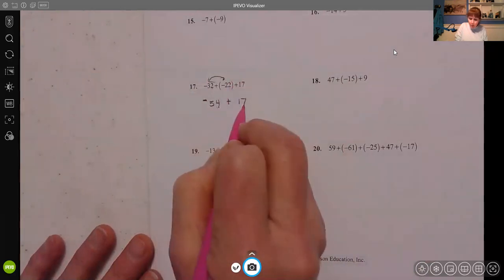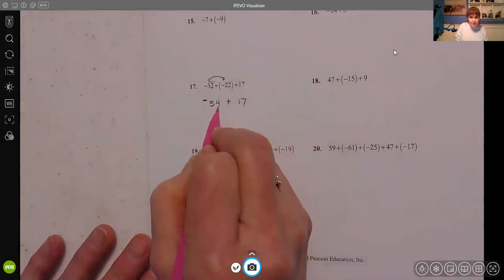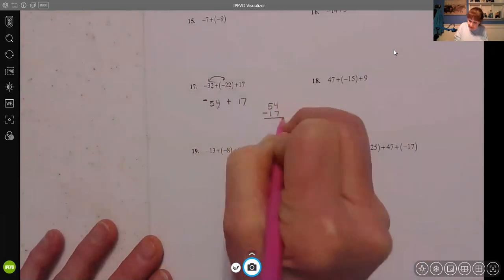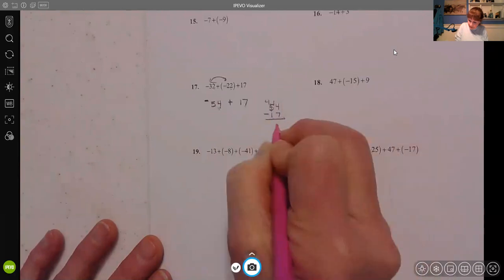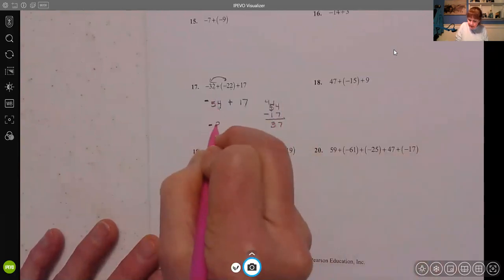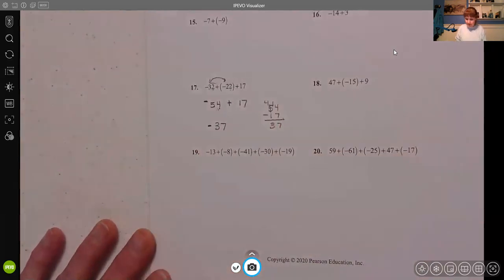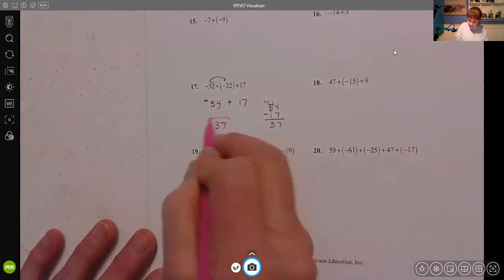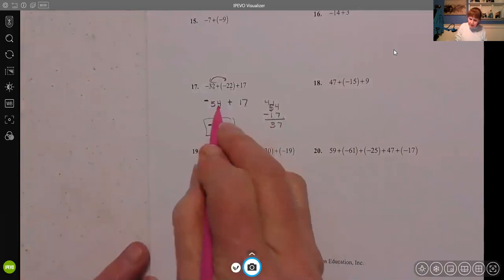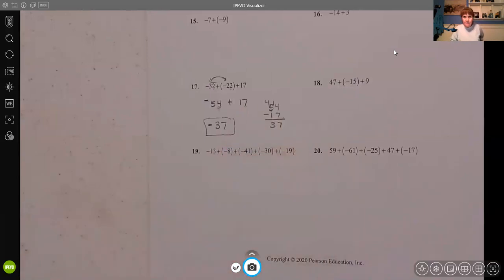So to find out what's left, you can subtract these two. You can take the 54 minus 17. You're going to have 37 negatives left. If you want to find out how much is left, you can subtract them.